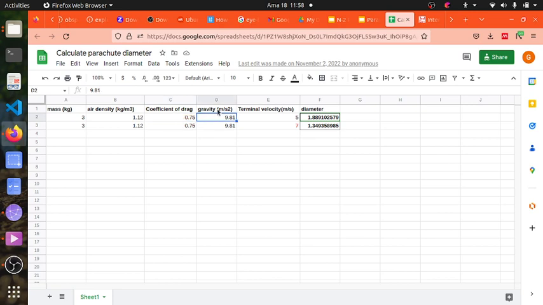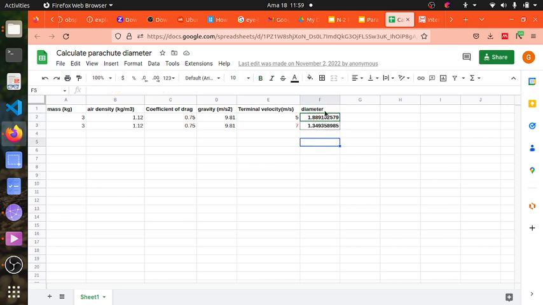And then there is gravity, which is 9.81. The terminal velocity is the velocity at which you want the rocket to descend. So when you pick 5, you get the diameter to be 1.9 meters. So this is in SI units.